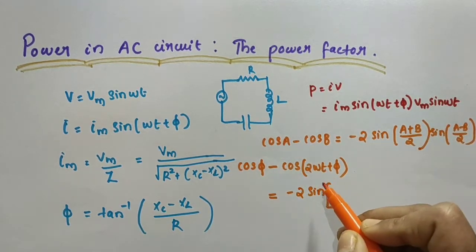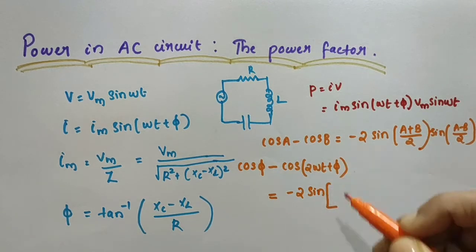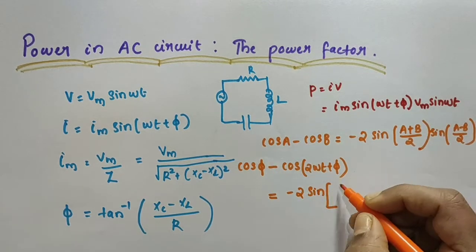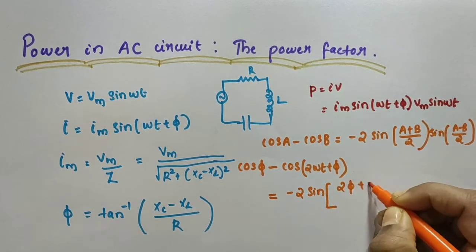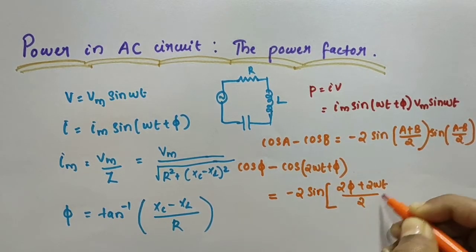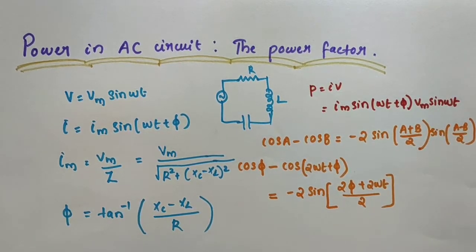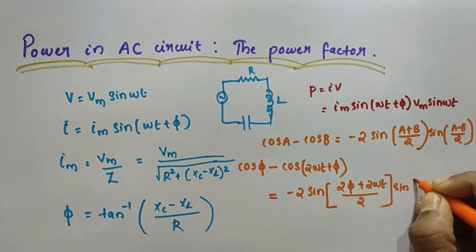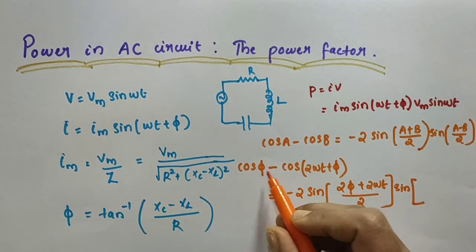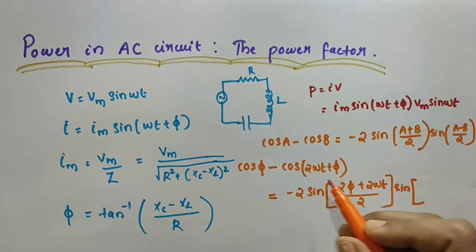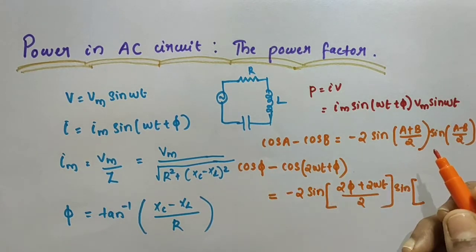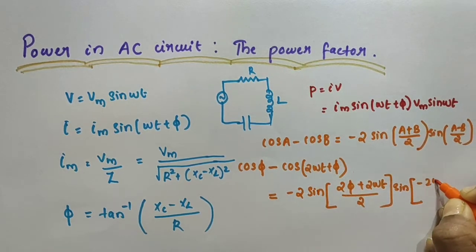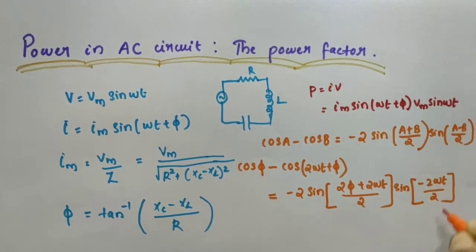That is phi plus 2 omega t plus phi divided by 2. So, phi plus phi will be 2 phi, plus 2 omega t divided by 2. Then sin of A minus B by 2. So, sin of phi minus B, that is minus 2 omega t minus phi. So, phi minus phi cancelled. Minus 2 omega t will be there divided by 2.